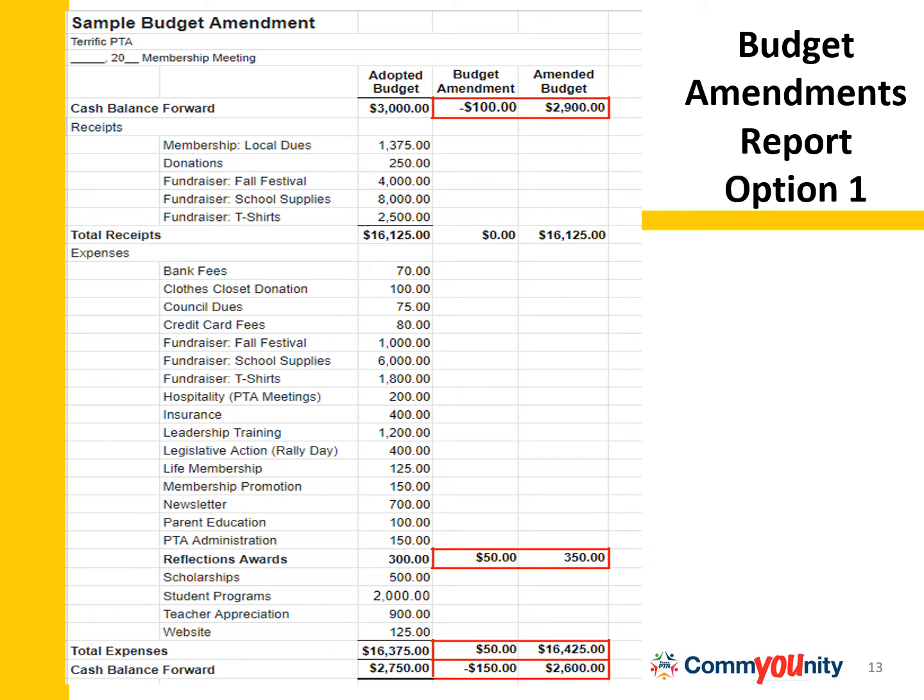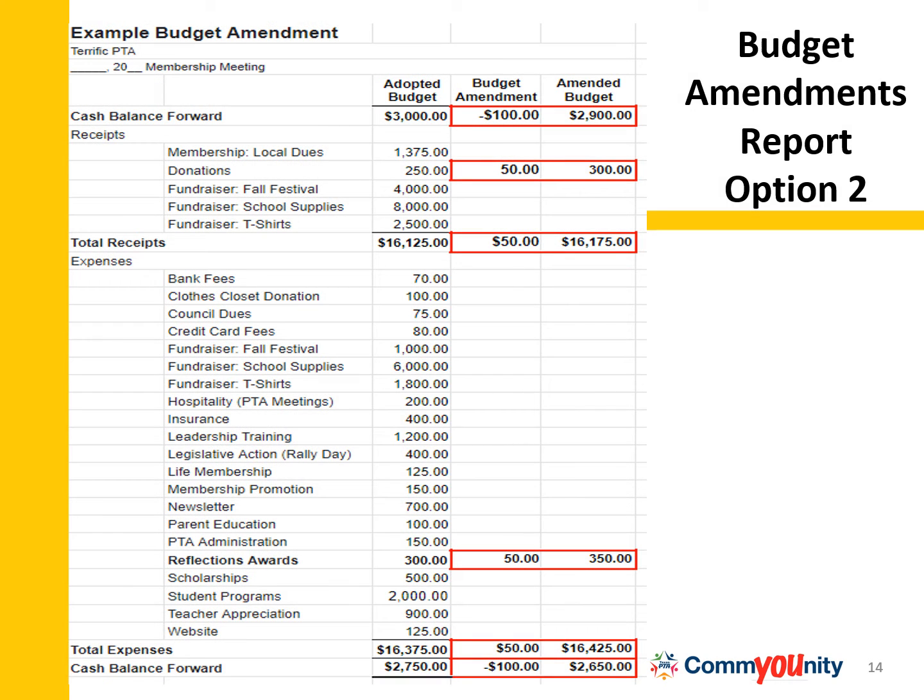The ending cash balance forward is adjusted down by $150, the total of the $100 decrease in the beginning cash balance forward, and the additional reflections expense of $50, resulting in an amended ending cash balance forward of $2,600.